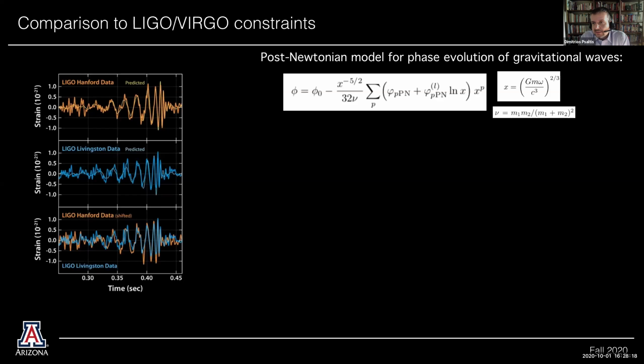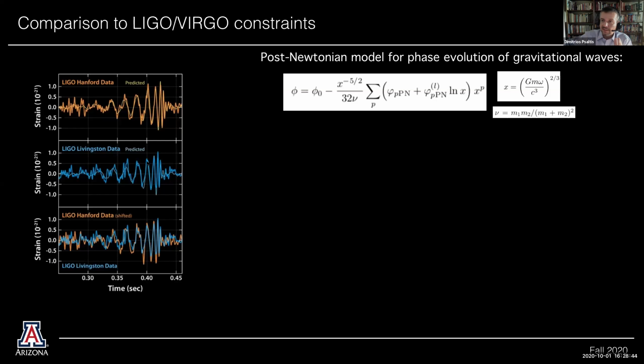Last but not least, there's another wonderful gravitational experiment that probes general relativistic effects around black holes, and this is the LIGO-Virgo experiment. You've all seen the gravitational waves. As the two black holes get closer and closer together, the frequency of the gravitational waves increases. That means that the phases of the maxima of those gravitational waves actually evolve in time.